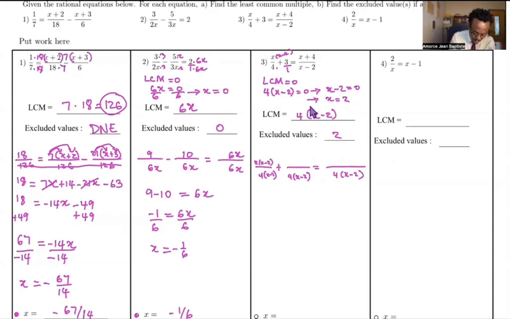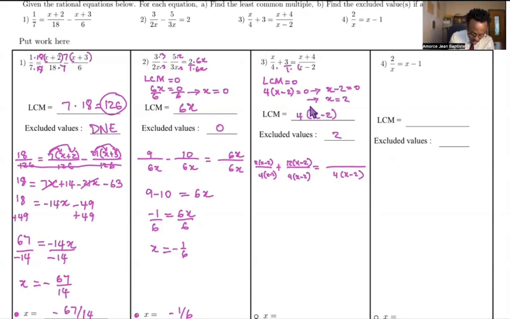For the next one, how do you get 4 times x minus 2 where we had 1? So we would need to multiply by 4 times x minus 2. So basically it's 12 times x minus 2. And then last, how do you get the 4 times x minus 2 when you already had x minus 2?